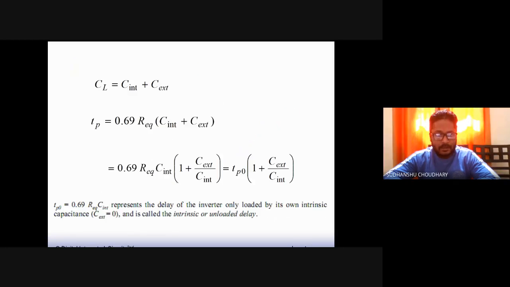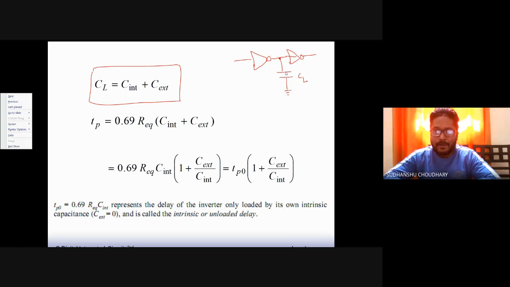Now, let us again consider the total load capacitance which is appearing here. Let me call it CL for the time being. So the total load capacitance is now divided into 2 parts.